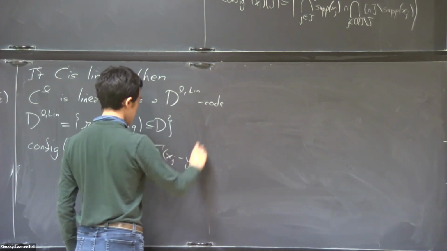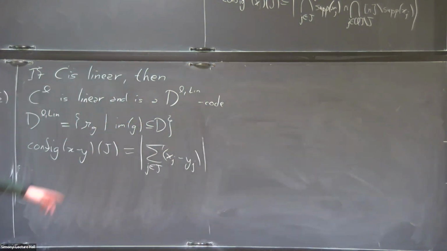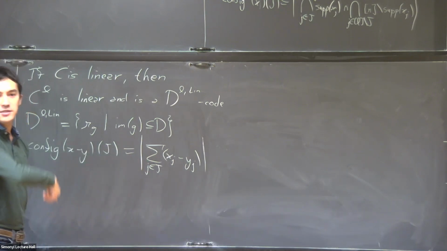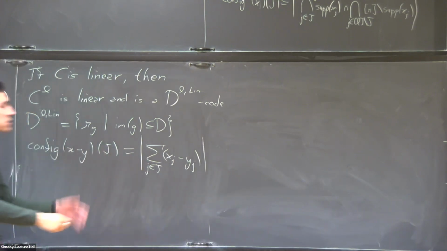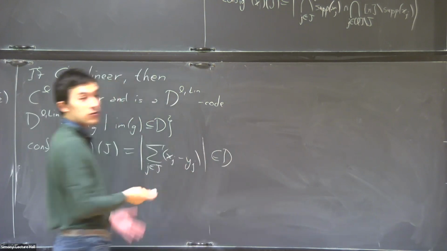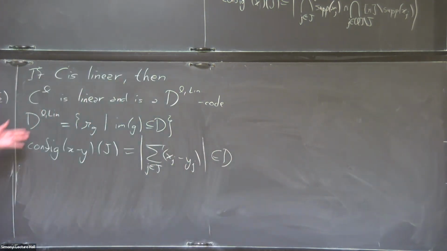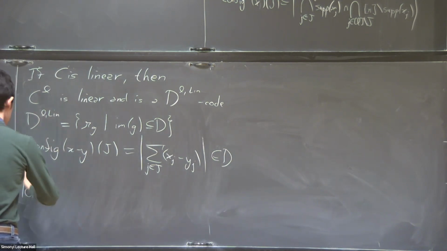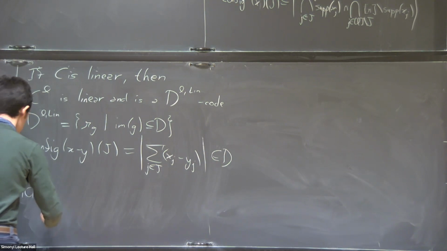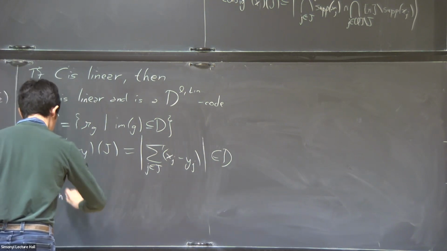Maybe with parentheses, doesn't matter. But now the code is linear. So when I take any linear combination, it's still a codeword in the code. So this still needs to be in D because the code is linear, right? So you can put extra restrictions. That's the point. And you have the same sort of bound, right? So C linear, right?